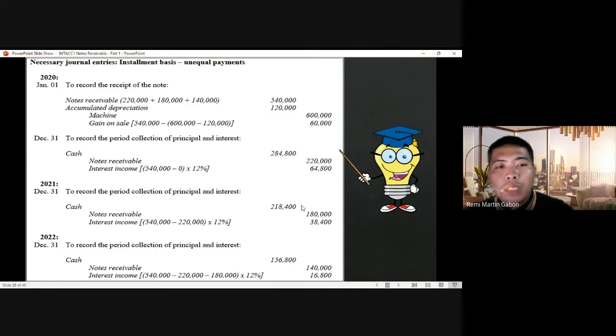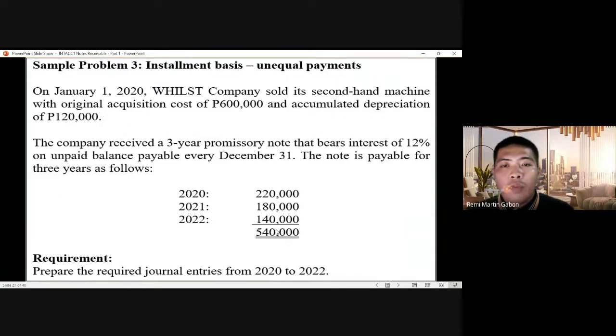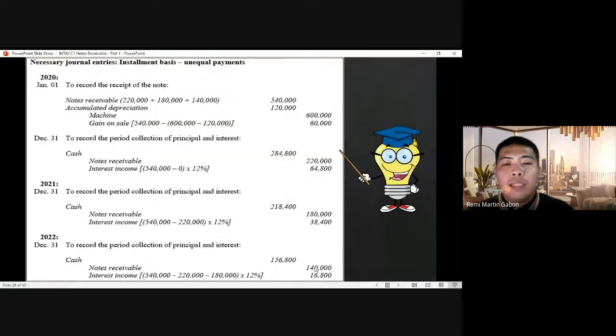Then in December 2022, the remaining unpaid balance of 140,000 multiplied by 12% is 16,800. Plus 140,000, the debit to cash is 156,800.